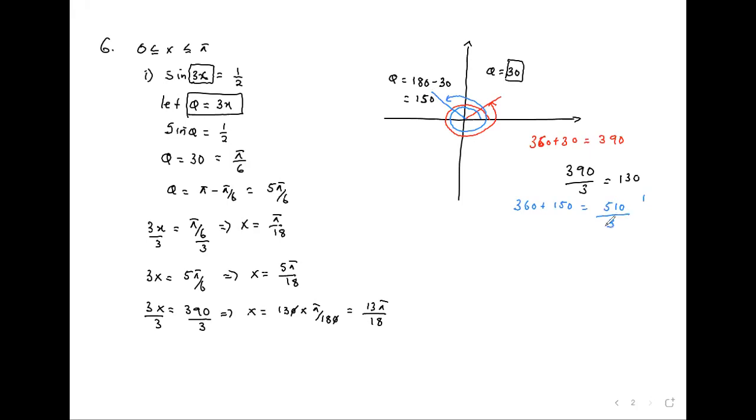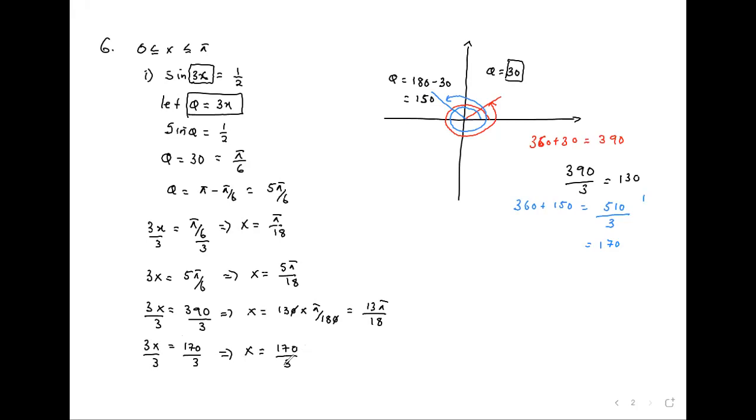Let's see if we divide by 3 here, what we'll get. We'll get 170. So 170 is less than 180. So this means that we can also bring it here. Say 3x is equal to 510. Divide by 3, divide by 3. So we get x is equal to 170.